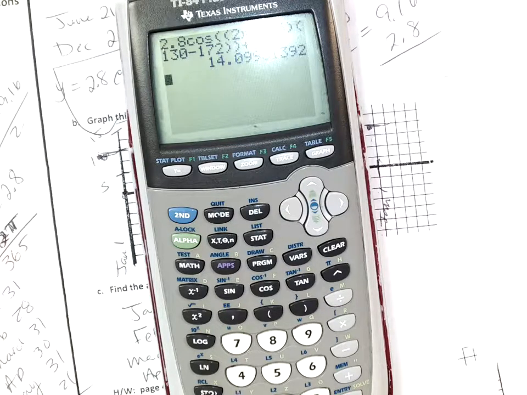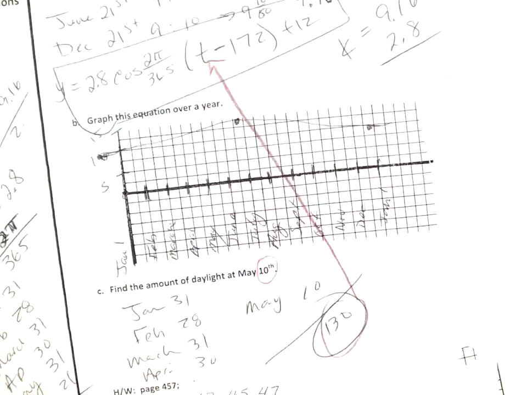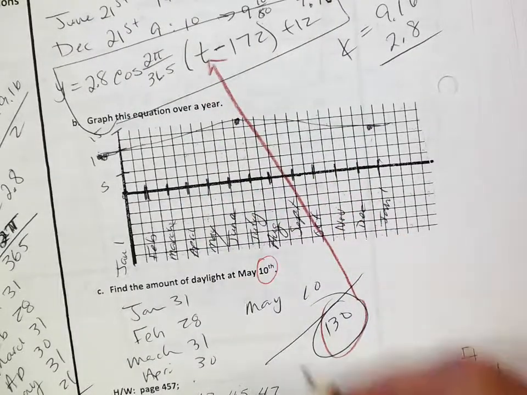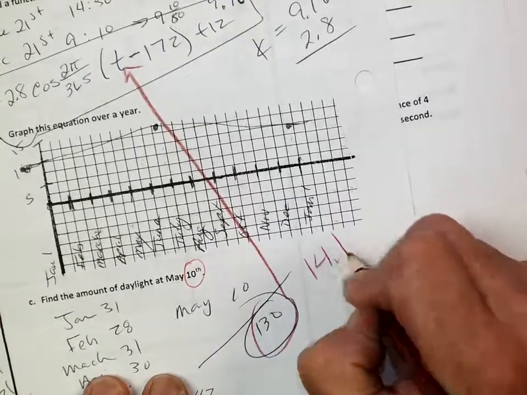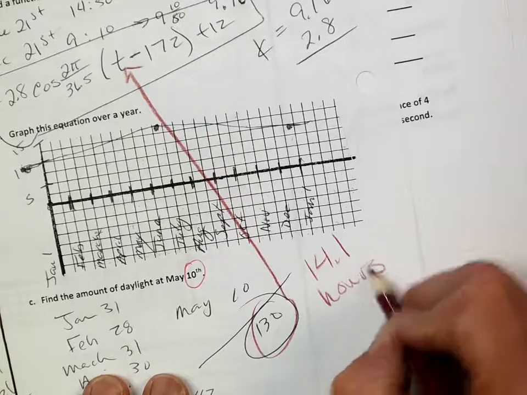There you go. Not bad. So I got about 14.1 hours of daylight on my birthday.